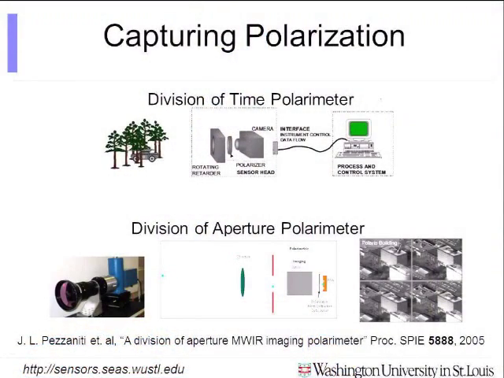And this is how people have actually captured polarization using division of time. You rotate either a polarization filter or a retarder in front of your camera, so you're multiplexing time. It's pretty straightforward, except you have to be very much aware that any wobbling that can happen in your rotation will actually cause serious polarization errors. A 1 arc second wobbling of your rotational retarder can cause about 1% error in your polarization measurement.